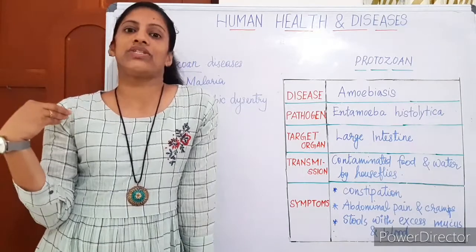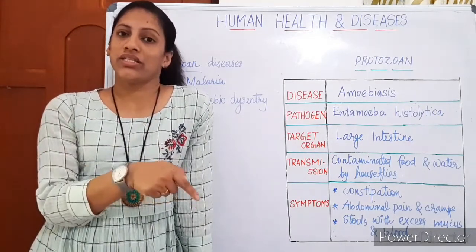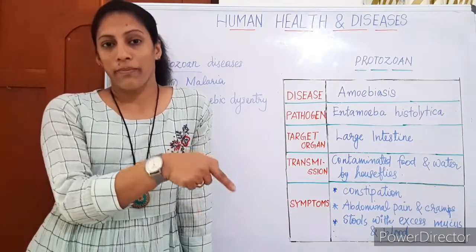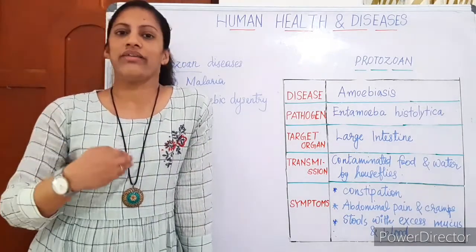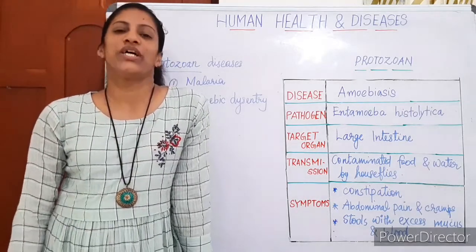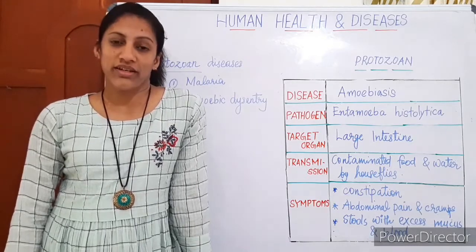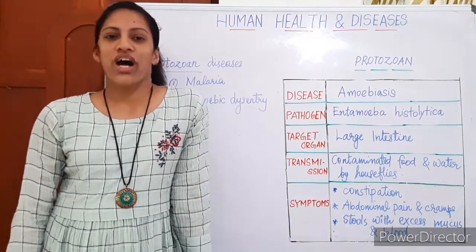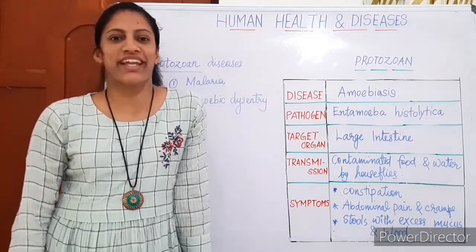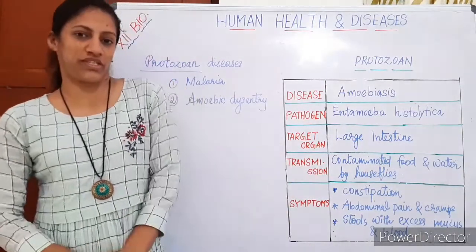The food we eat and the water we drink, when contaminated with Entamoeba by houseflies, can bring the disease to a healthy person. So the spreading of the disease is through contaminated food and water by the action of houseflies, which act as a mechanical carrier from the feces of the infected person.